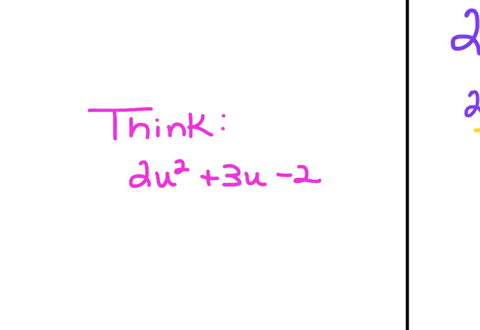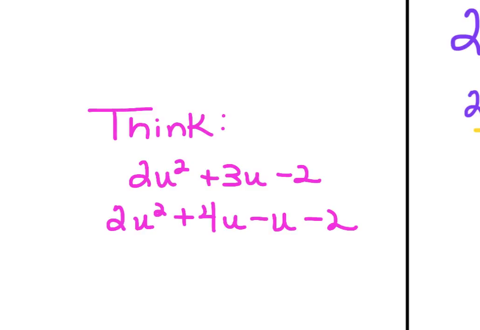2 times negative 2 is negative 4. Negative 4 is positive 4 times negative 1. Positive 3 is positive 4 plus negative 1. And so I've got 2u squared plus 4u minus 1u minus 2.